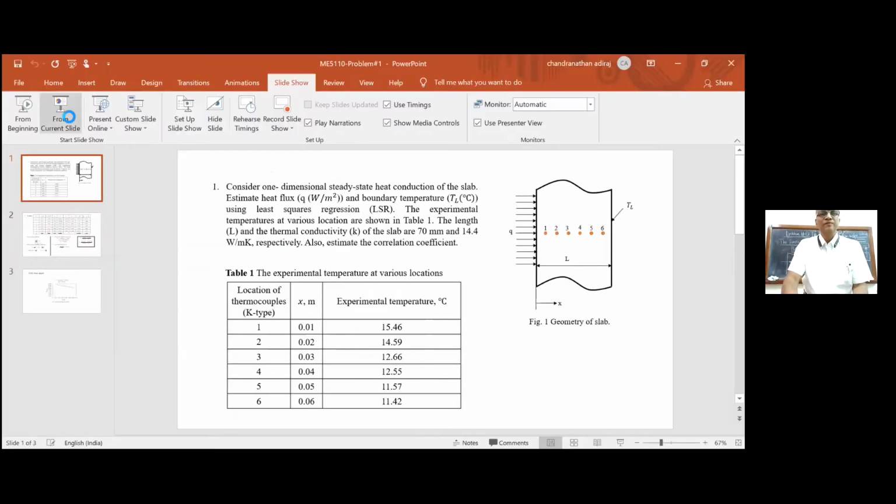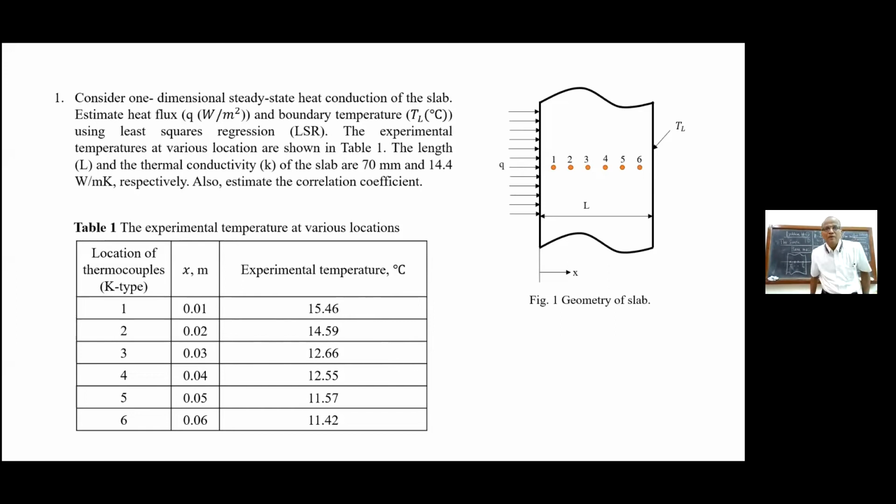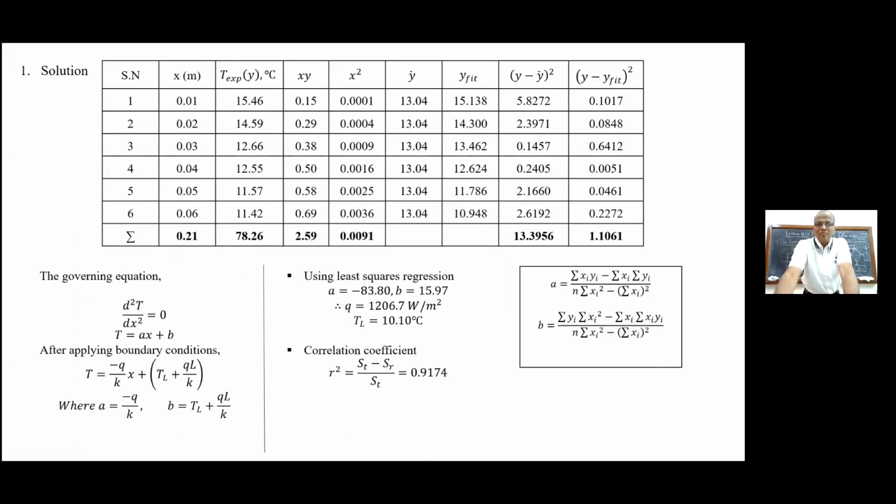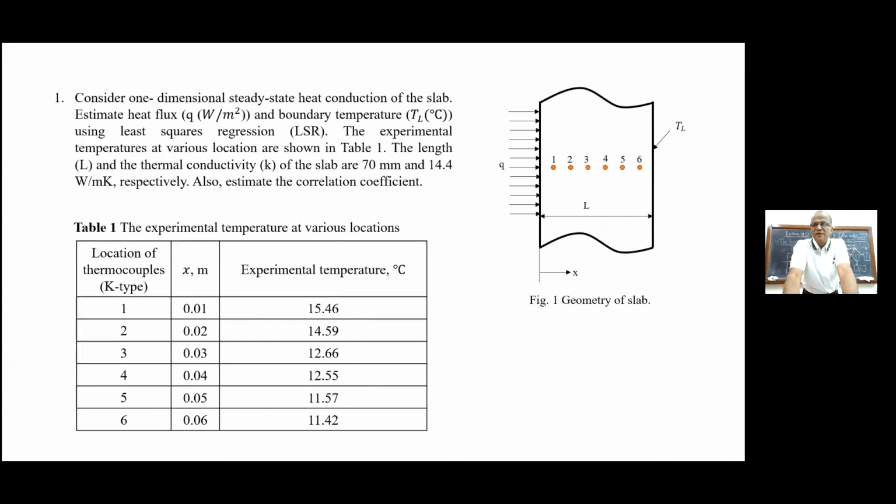Can somebody give me some suggestion? I'm not able to read the top line because you are screen sharing. That is not going away. Which top line, sir? The consider one-dimensional steady conduction. After that, you are screen sharing. That is preventing me from reading. What should I do in Zoom?